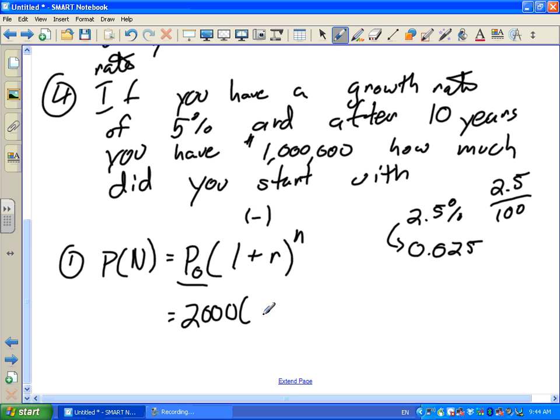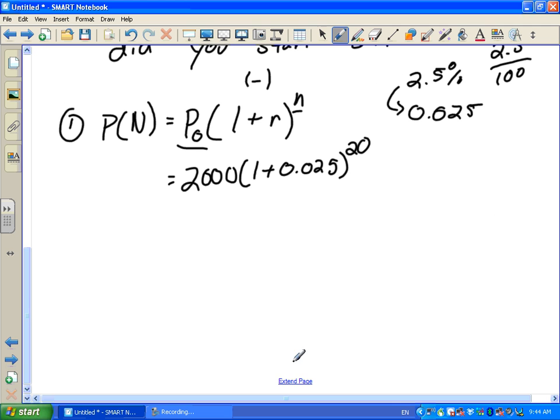So this becomes 1 plus 0.025. And it says it's after 20 years, so that's the number of cycles, the exponent of 20. So 2,000 times 1.025, when you add them, to the power of 20.